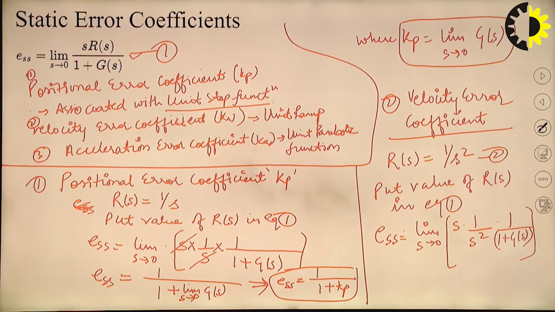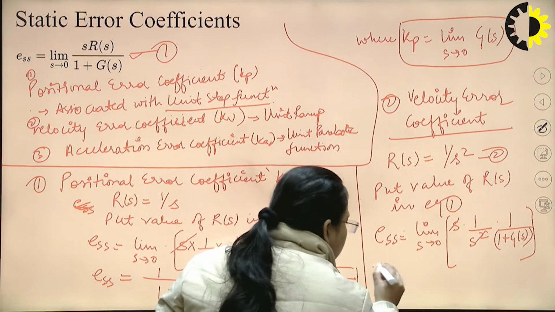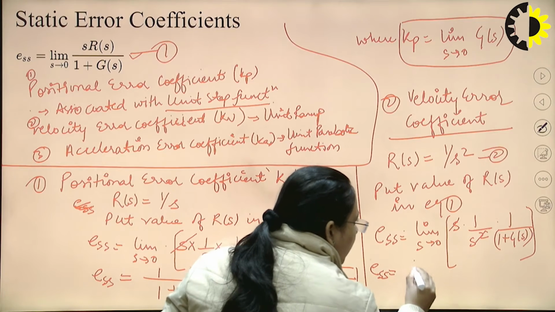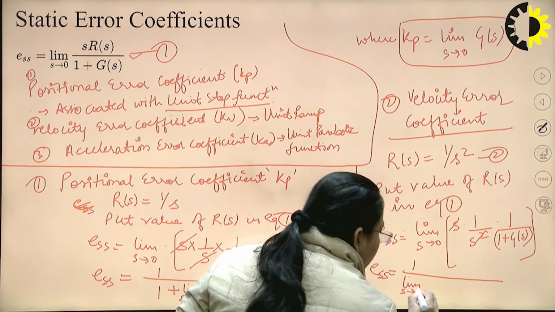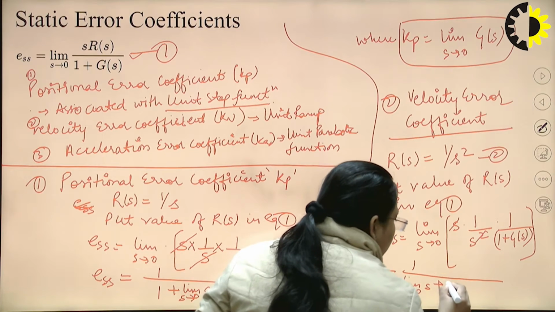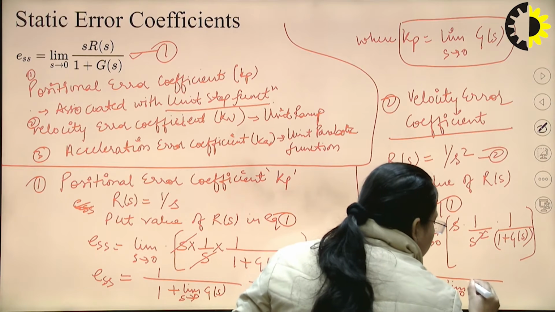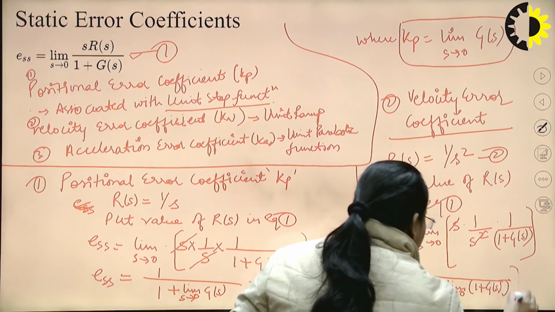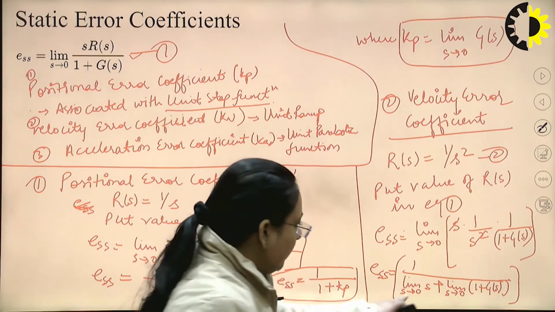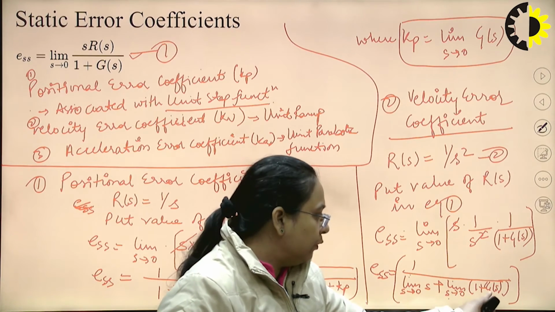So one s gets cancelled out, and we can write ESS will be equal to 1 upon limit s tends to 0 of s plus limit s tends to 0 of s into G(s). You can see the first term becomes 0 and this term is left out, because we don't know the exact value of G(s).